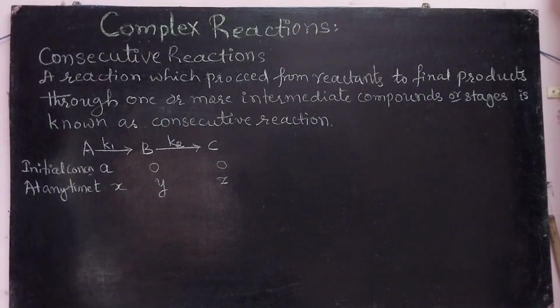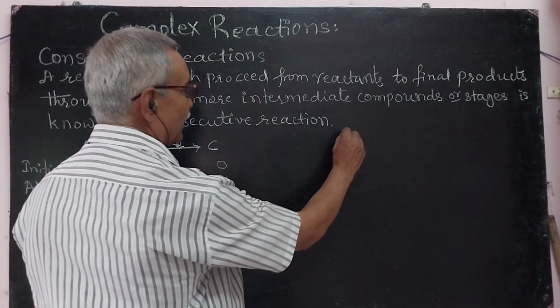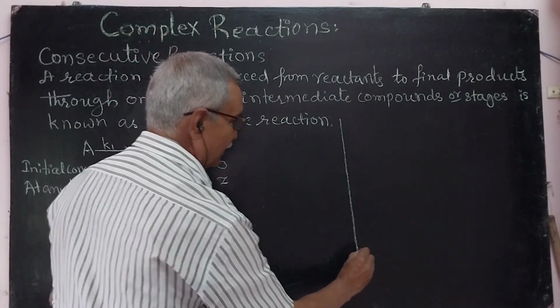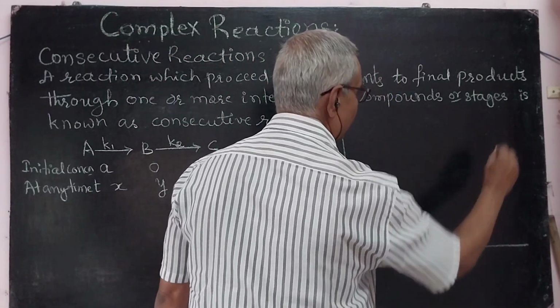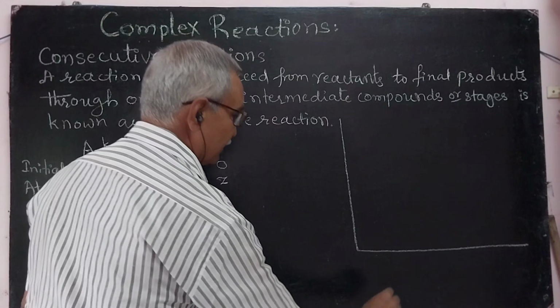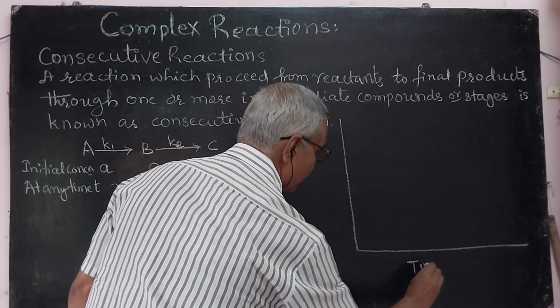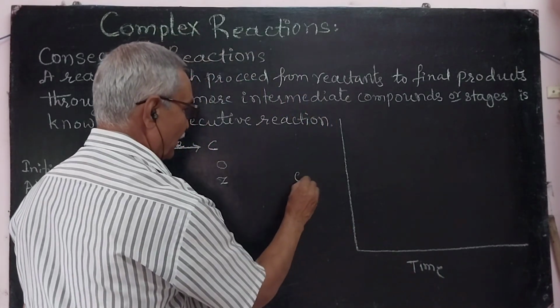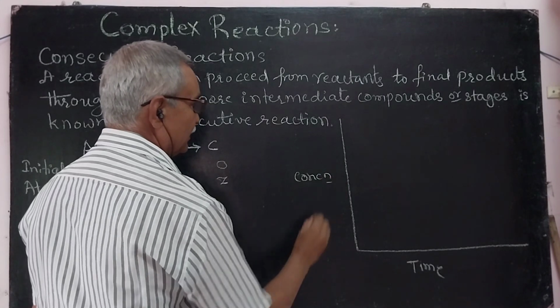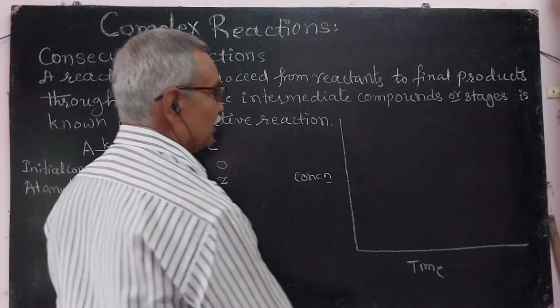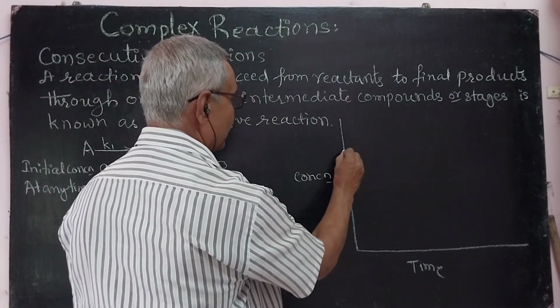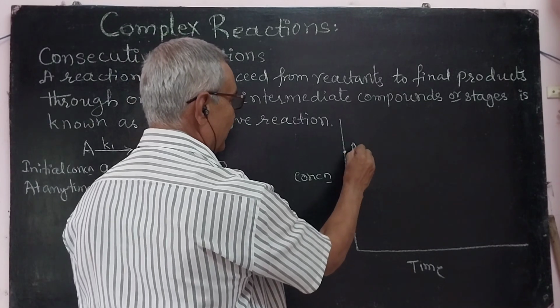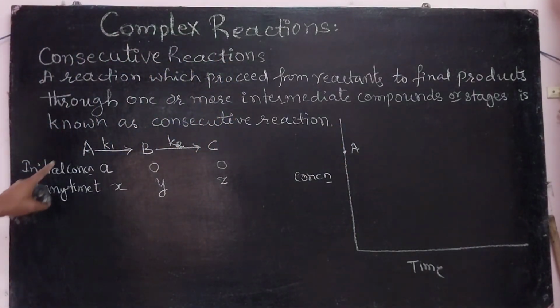It can be explained with the help of a diagram, concentration versus time. Suppose this is the concentration of A, that is A. What happens to the concentration of A?